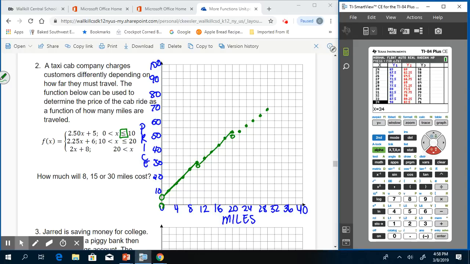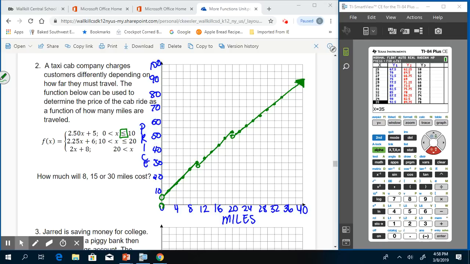We could keep on going. 32 is at 72. 34 is at 76, and so on. So we could draw our line with an arrow at the end, showing that that price would continue for anything over 20 miles.